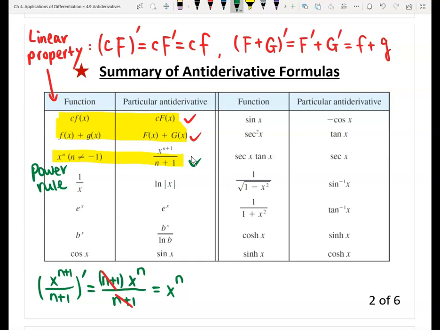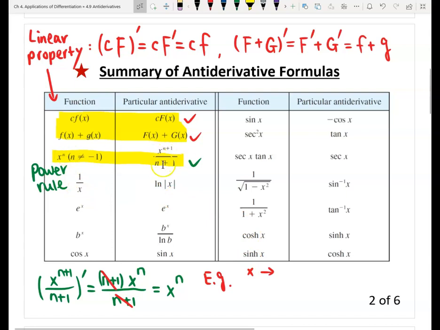Okay, we need to practice a little. Let me give you an example of how to use this power rule. What is the antiderivative of x? x means the power is 1, right? Using the formula, the power n equals 1.